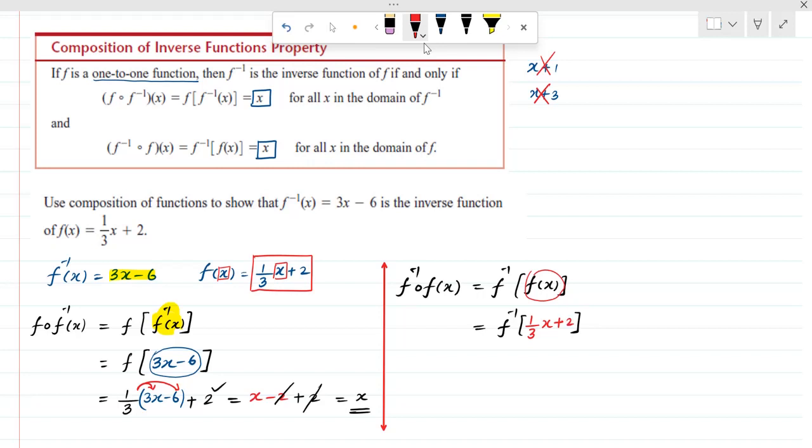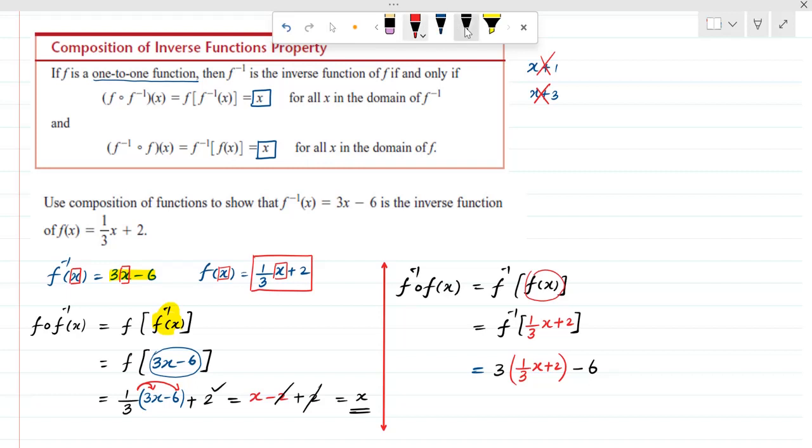Now coming to this part here. Whenever you have x in f inverse, I will replace x here. So the 3 and minus 6 will be the same, and in place of x we have 1 over 3x plus 2.